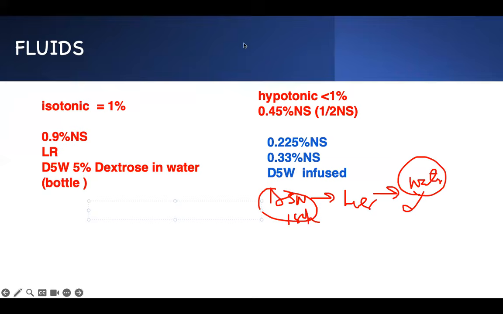Now, let's look at the hypertonic solution. They have to be greater than 1%. Right? So if you're greater than 1%, just pick a number. 3% normal saline is greater than that. 5% normal saline is greater than that.